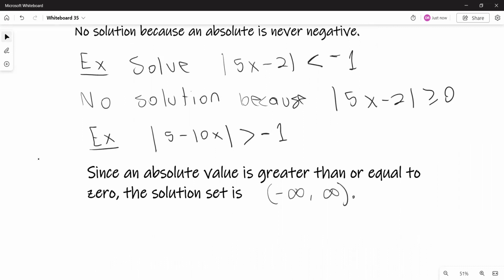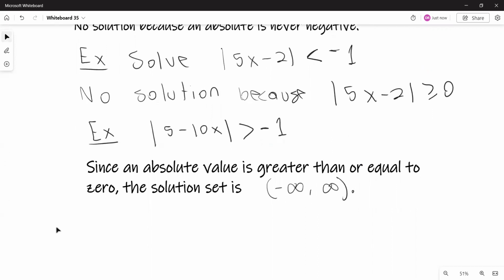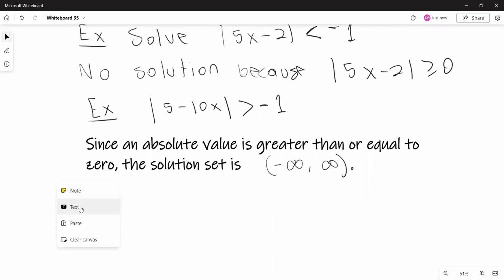So I'm going to finish this section and chapter with a few examples. We're going to do absolute value models for distance and tolerance.